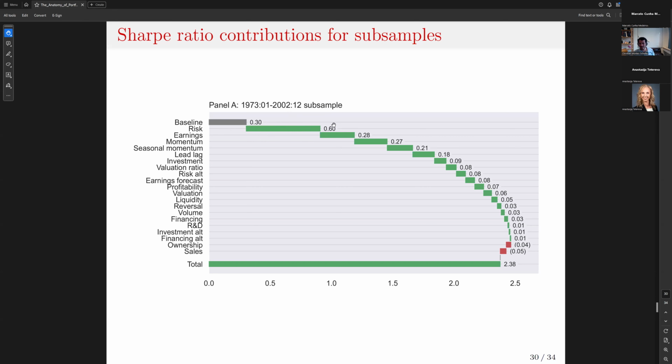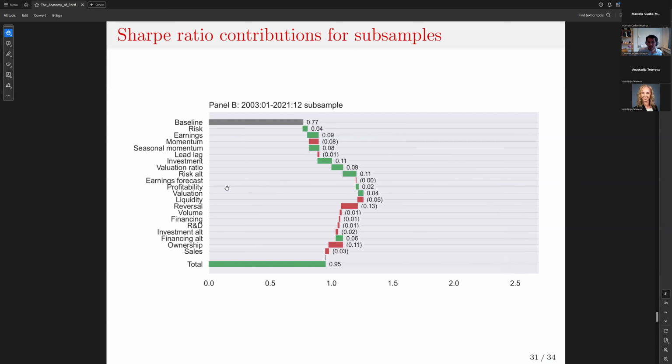So just that set of predictors by themselves has twice as much marginal contribution as the total Sharpe ratio of the market, which we think is quite impressive. There are a couple of predictors, ownership and sales, that had essentially a negative contribution, but otherwise all the other anomalies in the data set seem to have a positive contribution.